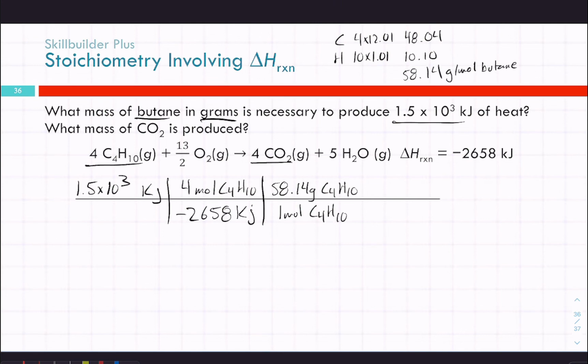Well, divided by 2,658, because we can't have a negative grams. So it's going to be 131. Oh, I only have 2 sig figs, huh? It's going to be 1.3 times 10 to the 2 grams of butane.